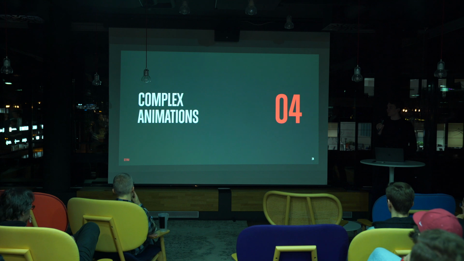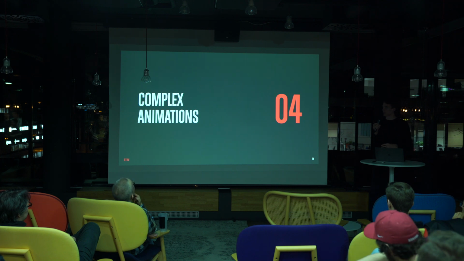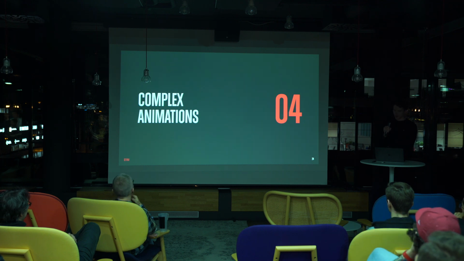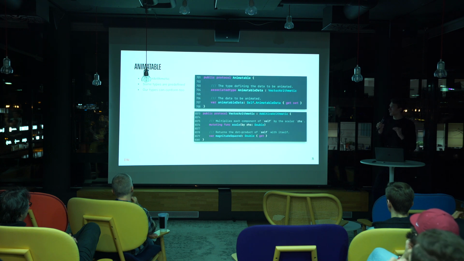All right, so I'm going to show you some complex animations, or kind of complex-ish. In order to create something which is animatable, you have to, you guessed it, conform to the Animatable protocol. It defines the animatableData property, and that property has to be VectorArithmetic.